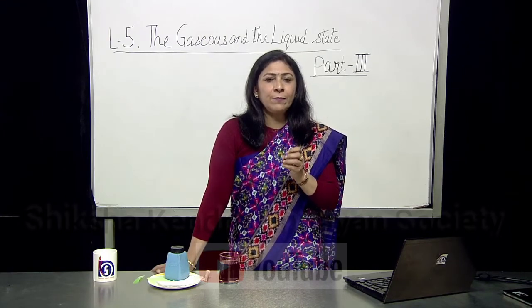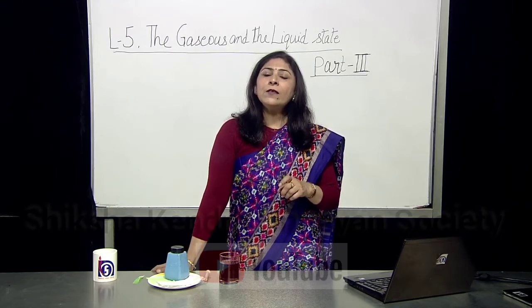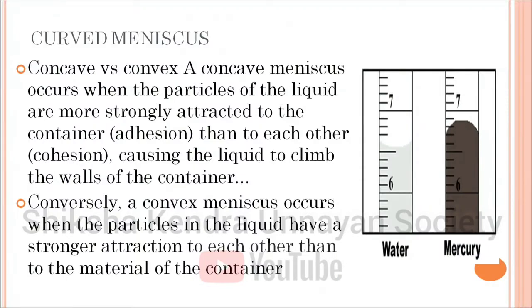That we find in the water case, but in the mercury case the cohesion is more. It means the molecules of mercury are more attracted towards each other rather than to the surface.